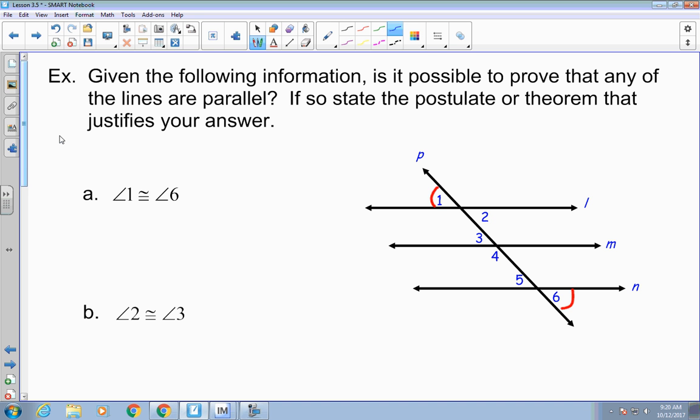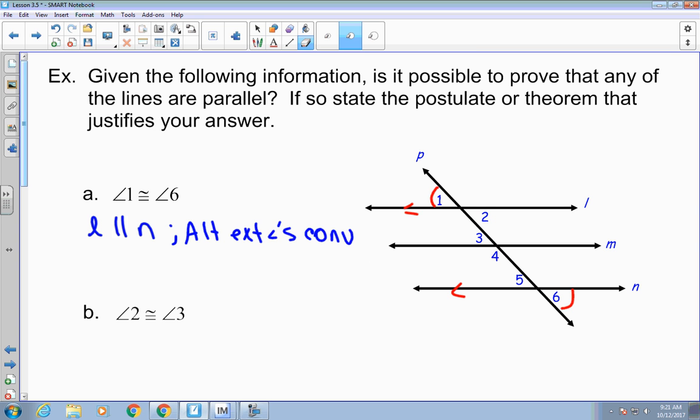Yes. Which lines? L and N. Okay, so L and N would be parallel to each other. And what would my reason be? Right. The alternate exterior angles converse. Good.